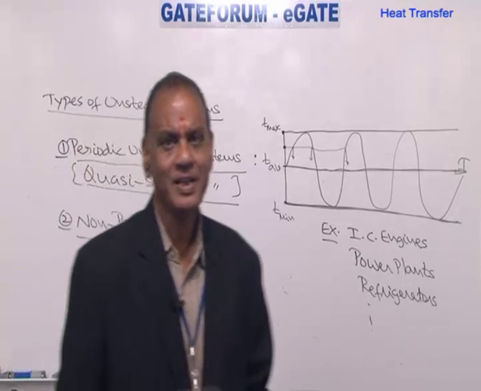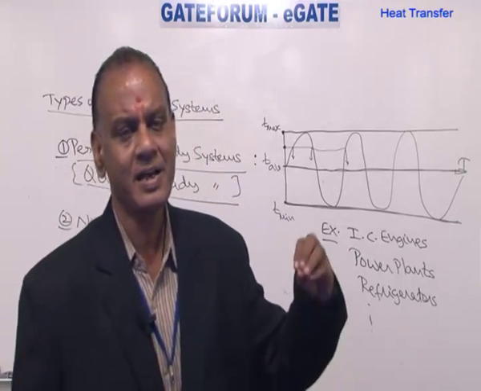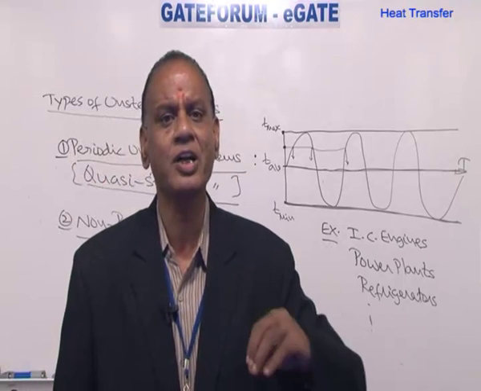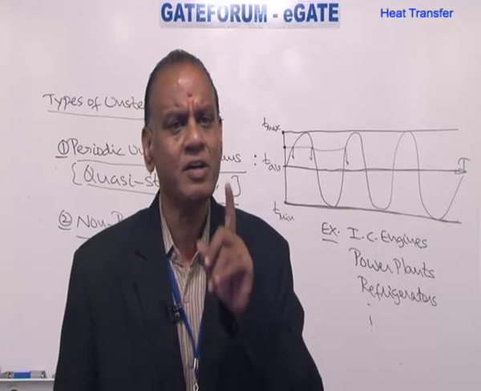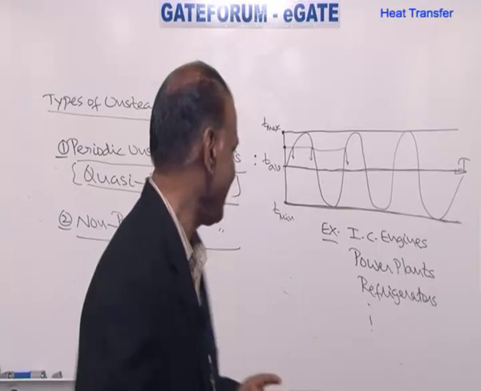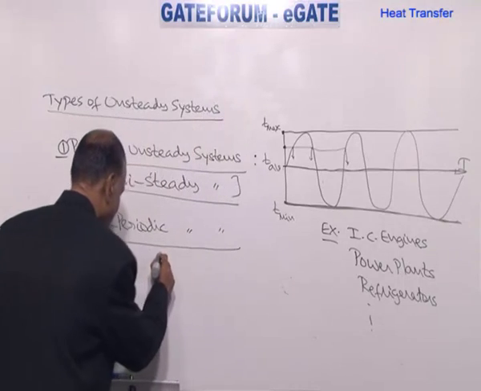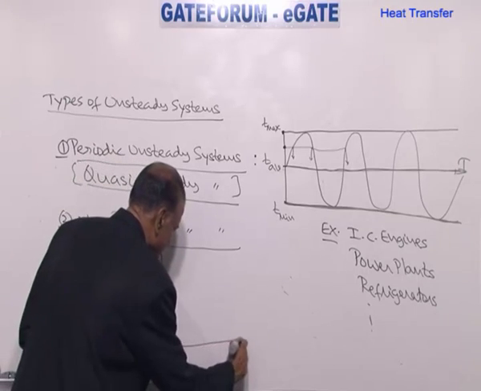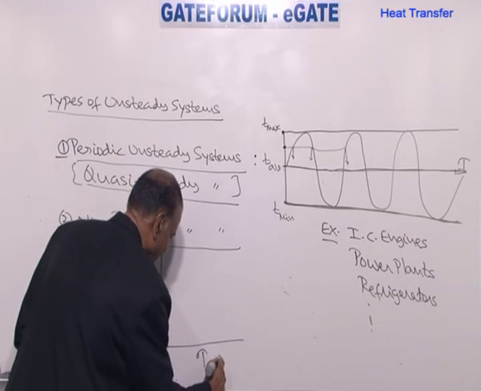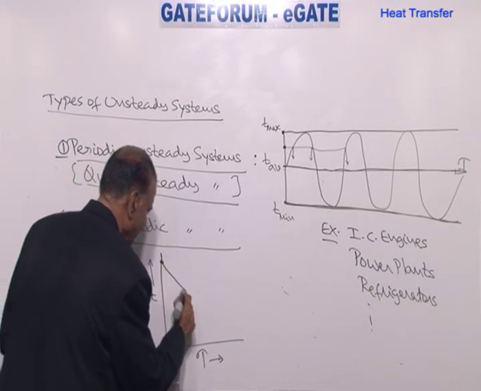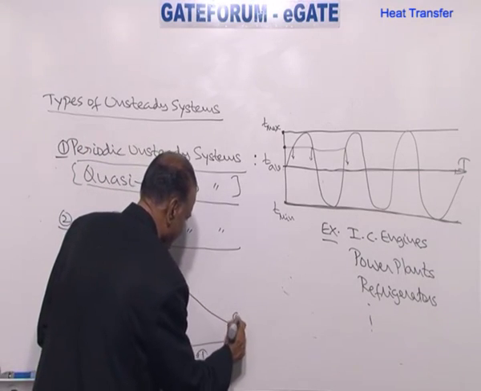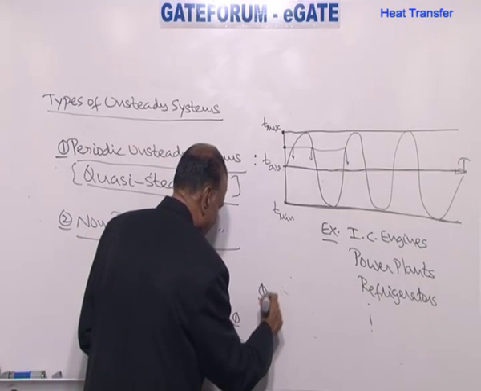Non-periodic means that temperature may decrease or increase continuously. A particular temperature we get only once for all. If we take a non-periodic system, x-axis time as usual, y-axis temperature, then temperature may decrease continuously, something like this. This we call cooling.